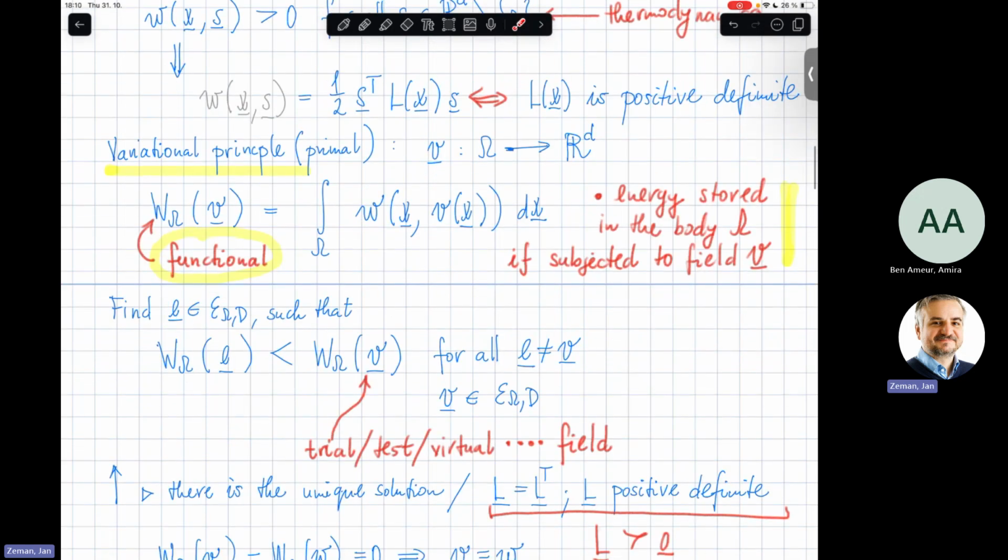And I also spent quite some time in that PDE viewpoint saying what are all admissible fields I would like to work with. And I would like to remind you that I introduced this calligraphic E_Ω^D, which expresses the physical condition that this field has to be curl-free, which means that it can be derived from the primary potential.